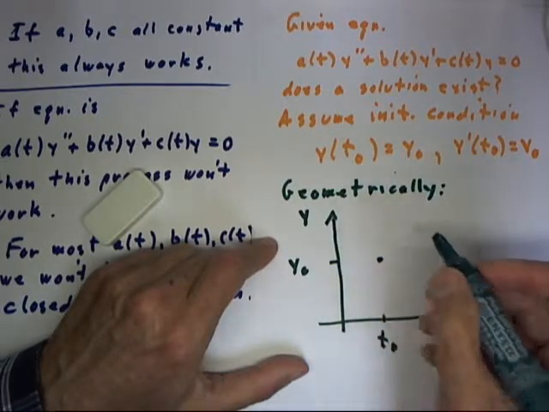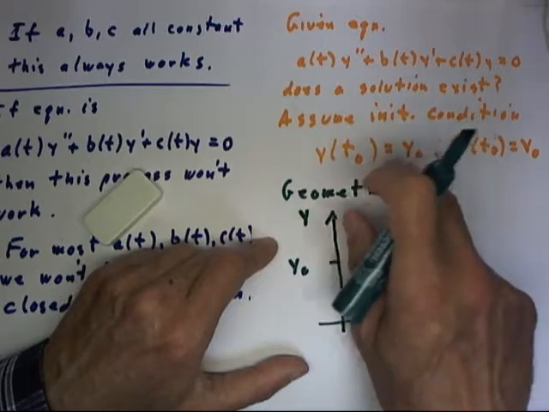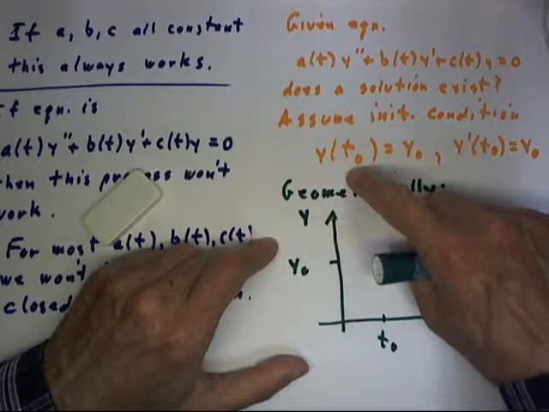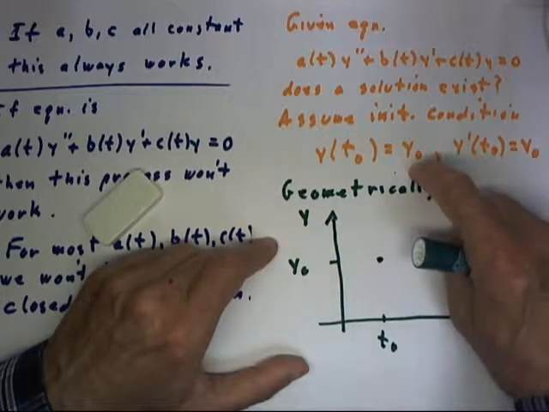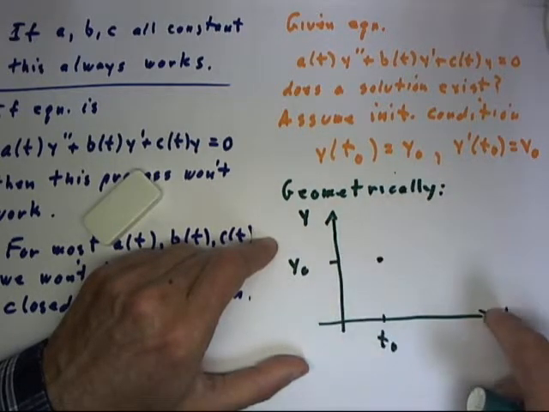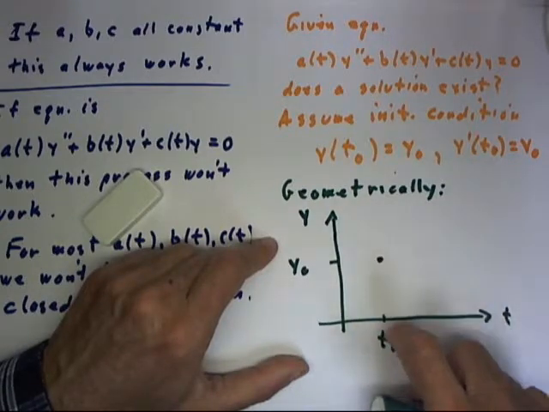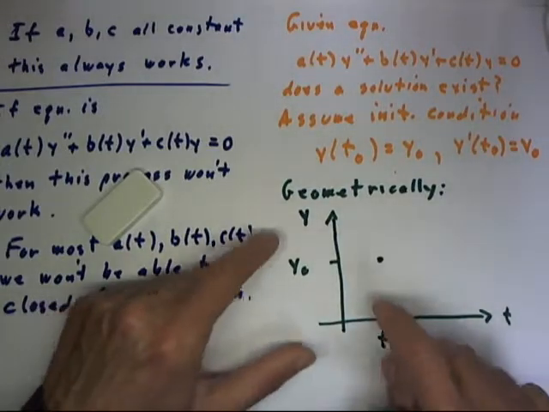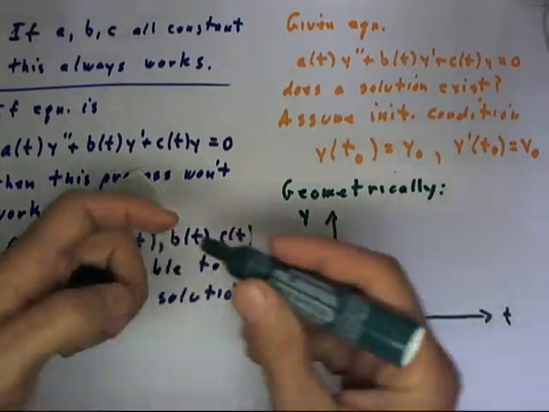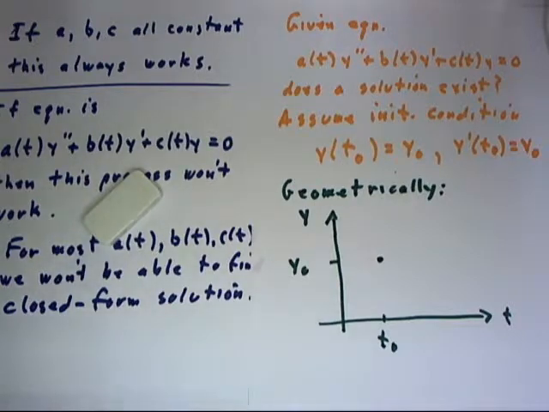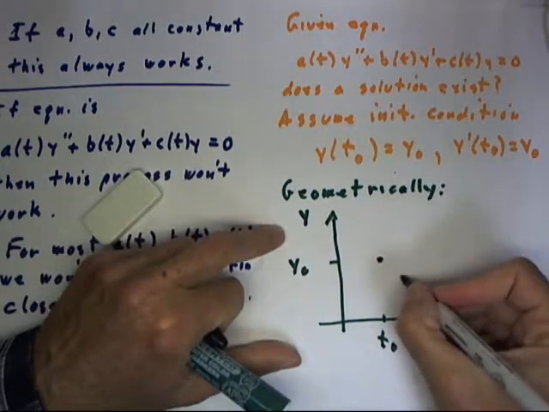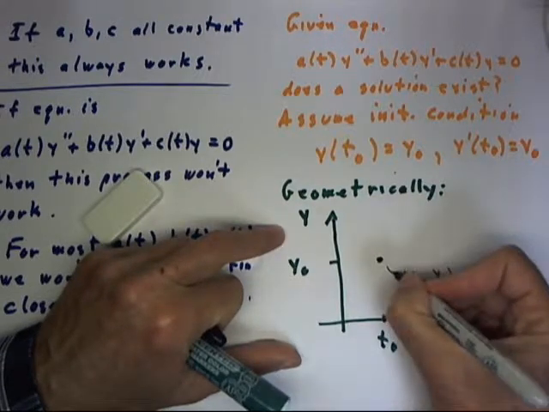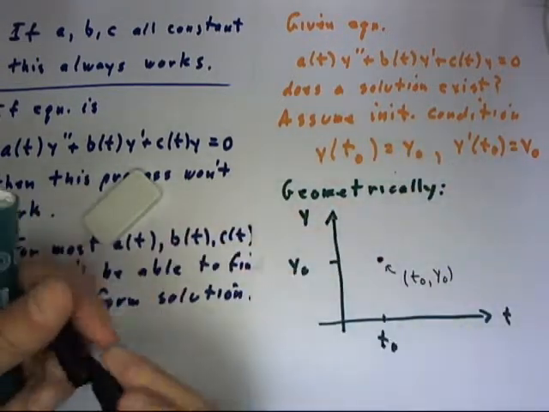In other words, the point t naught, y naught is a point on this graph. To say that y of t naught equals y naught is simply to say that on a graph of y versus t we have the point t naught, y naught. And we can label that point. So let's just label the coordinates of the point t naught, y naught.